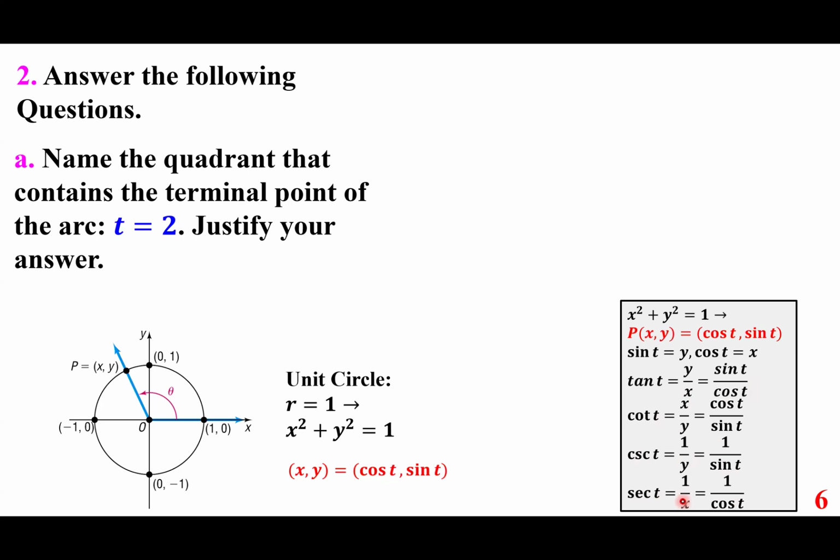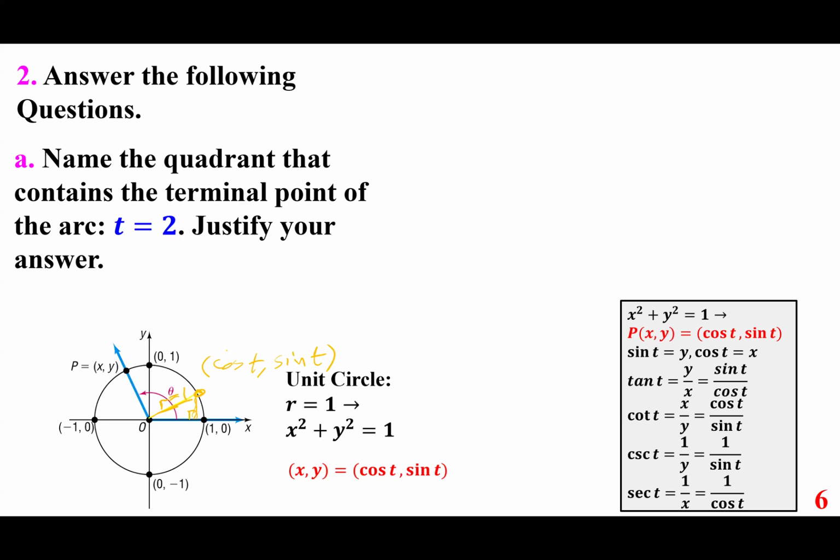Bear in mind, because this is a unit circle, if you pick any point, this point has coordinates cosine t, sine t, and r equals 1.